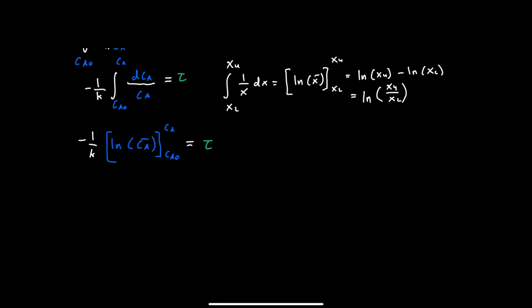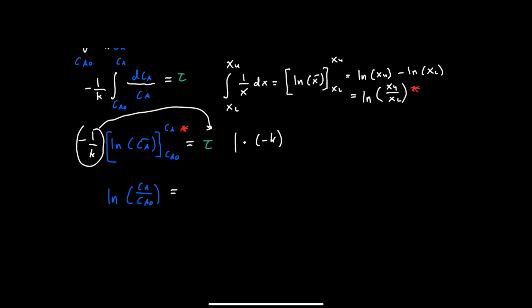And let's apply the logarithmic rule here. And let's also multiply this equation with negative k to bring this to the right side of the equation. So ln of CA divided by CA0 is going to be equal to negative k times tau.